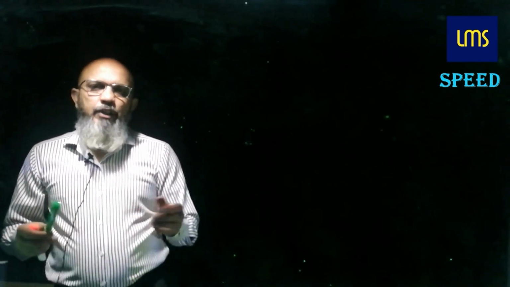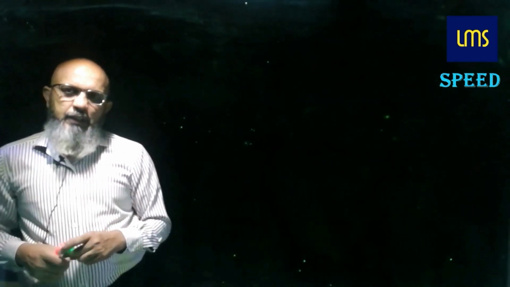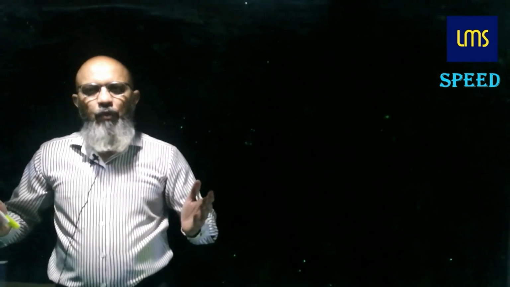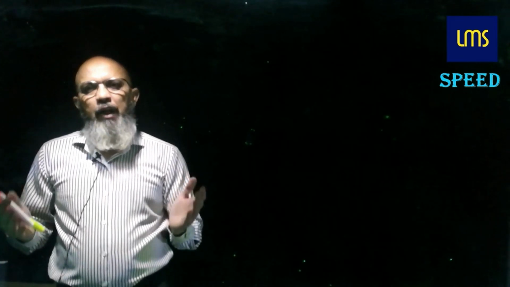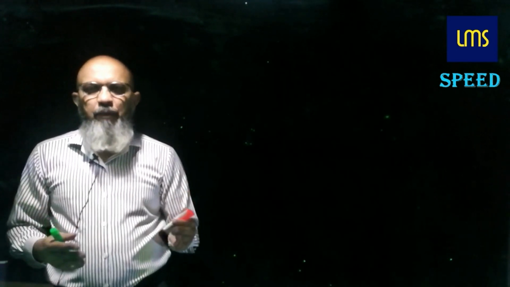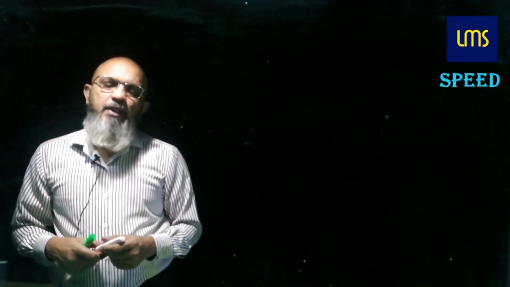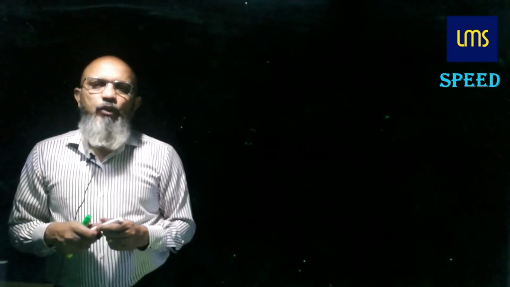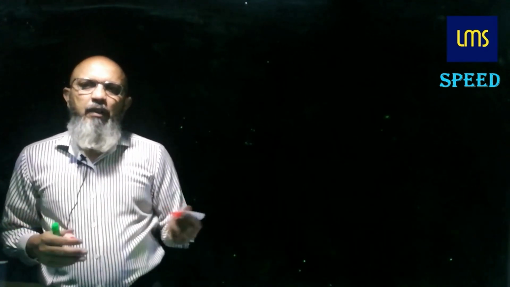So in this lecture we will discuss average speed and we will solve some problems from your workbook regarding average speed. First we will recap our previous lecture. In the previous lecture you learned about speed. So how do you find your speed?